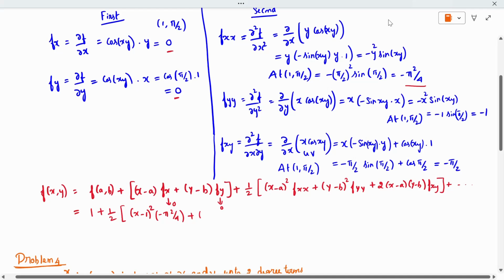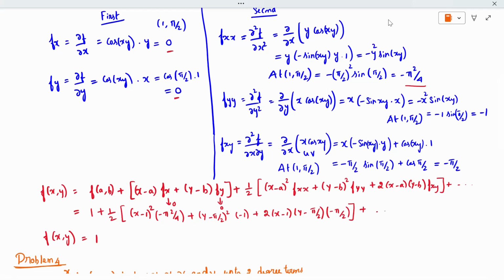So minus, y minus b is nothing but pi by 2, the whole square into minus 1, plus 2 into x minus 1 into y minus pi by 2 into minus pi by 2. So plus etc. If you need, you can separate it and write. Okay, the last part I will separate it and write.